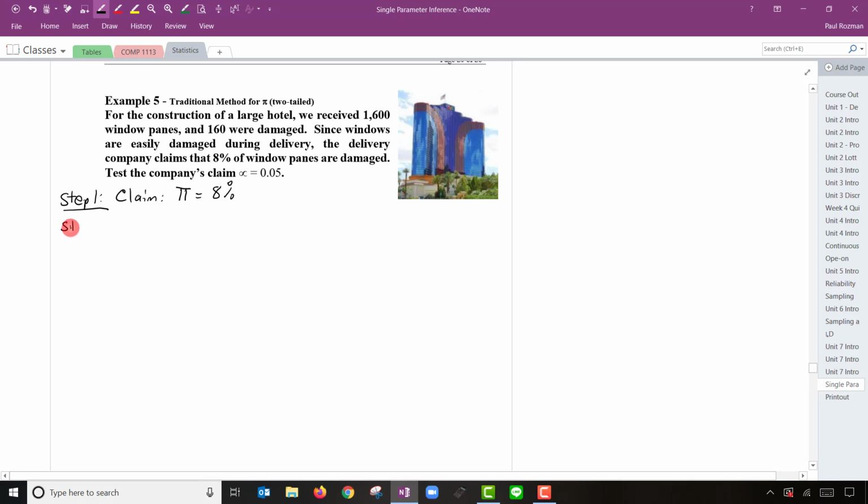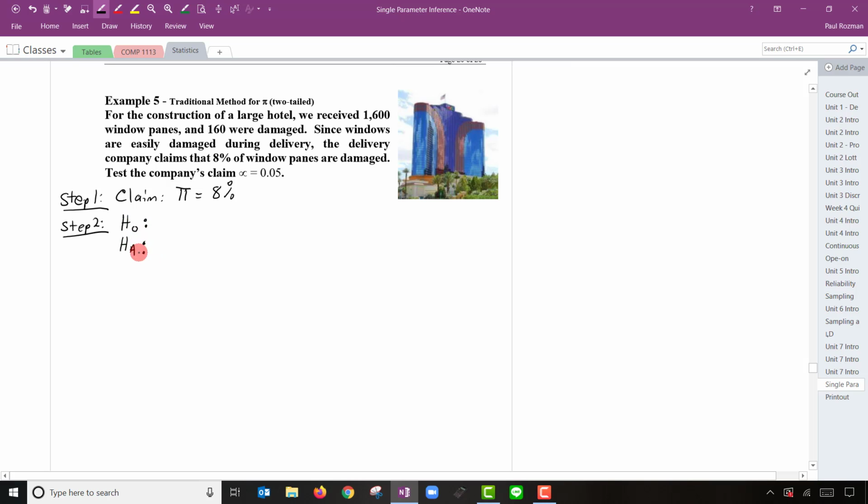So let's get into step 2 and set up some hypotheses. We'll have 2. We have the null hypothesis, which is H subscript 0, and the alternative hypothesis, which is H subscript A. We need to put this claim as one of the 2 hypotheses.